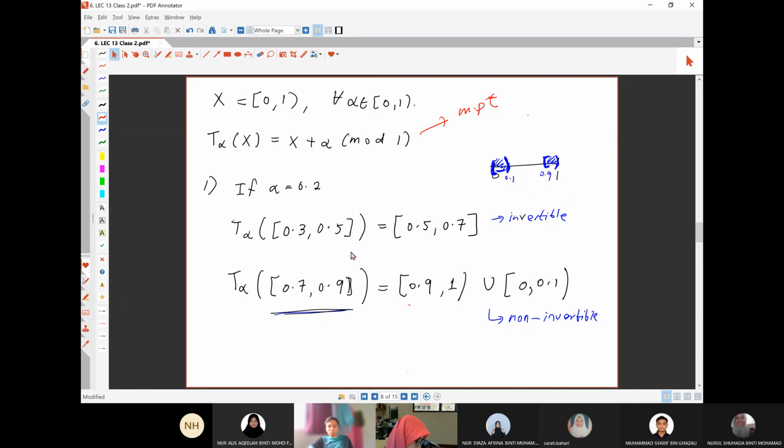In this case, if alpha is 0.2 and you have this segment, that means this is invertible. If I have alpha is 0.2 but with this segment, then this is non-invertible. So for this question, I want to list which element, which segment gives me an invertible transformation. So at least you can decide which one is invertible and which one is non-invertible by this transformation.